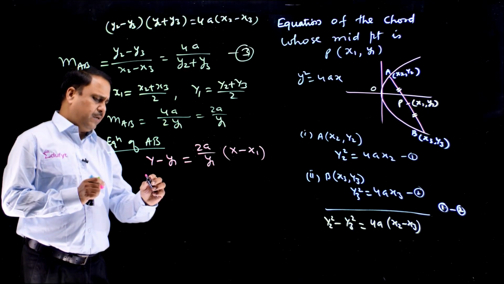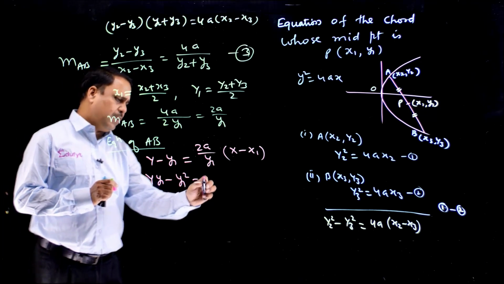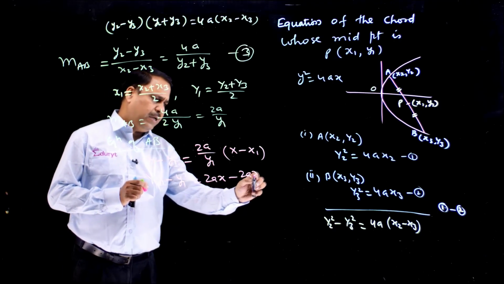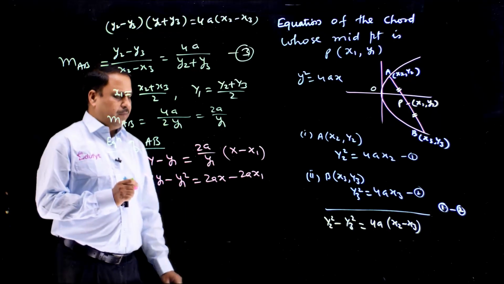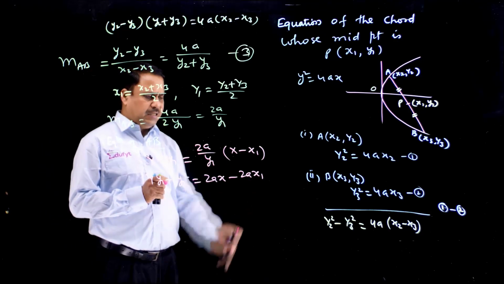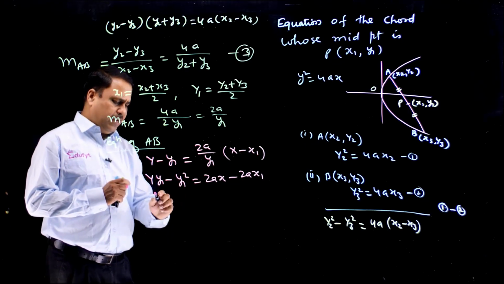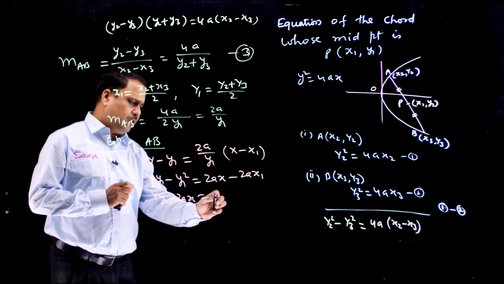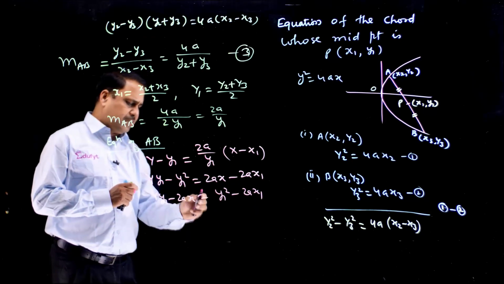So you can rewrite it as y y1 minus y1 square is equal to 2ax minus 2ax1. You can transfer this term this side: y y1 minus 2ax is equal to y1 square minus 2ax1.